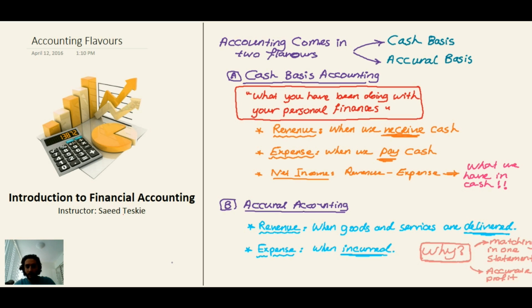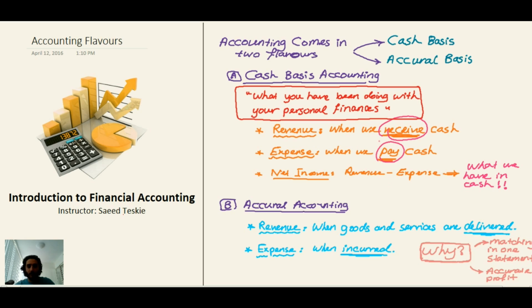We recognize revenue, for example, our wage or salary, when we receive it. Okay, when we receive the cash, we recognize revenue, and we recognize expense when we pay the cash.